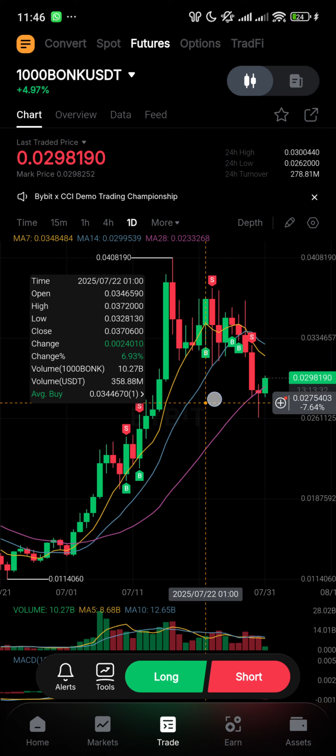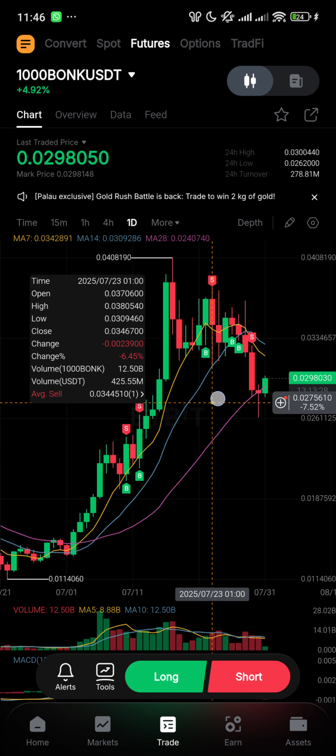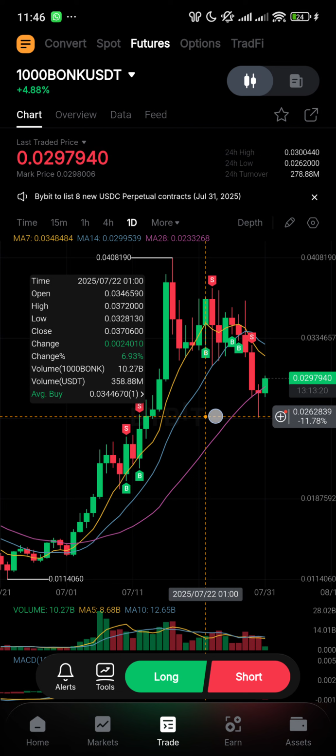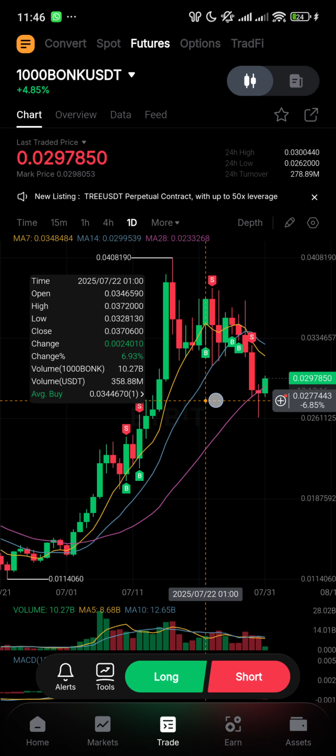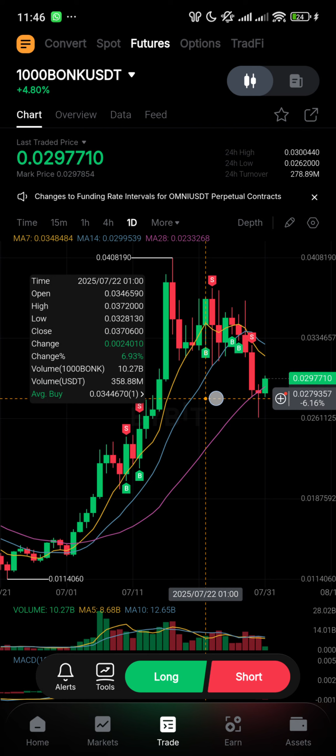When it's coming down to hit your stop loss, you won't incur more loss compared to when it's in this region. So that's what happens when you adjust stop loss. If you didn't enter at the correct price, you need to adjust the stop loss a little bit above the initial price, so that you don't incur more loss, because the price is now far from where it was when we gave the signal.